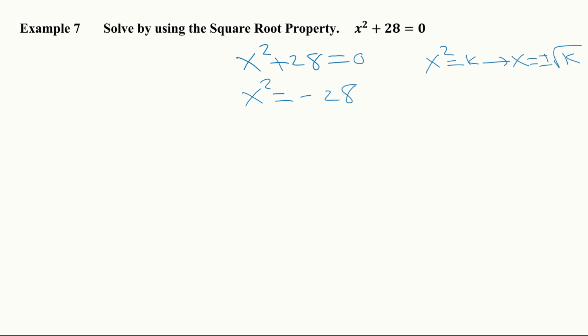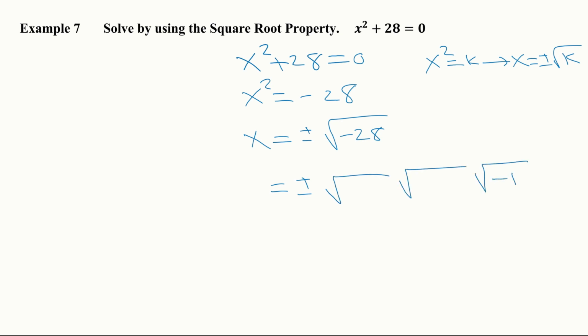If you remember, we never said k has to be positive or non-negative or anything like that, did we? We did not. So we get x equals plus or minus square root of negative 28. Now from our section that dealt with complex numbers, we learned how to simplify that. Remember, we break it up into 3 parts.